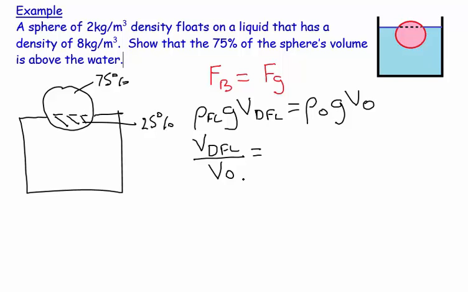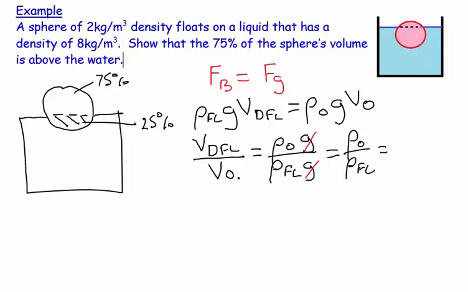So if I simply rearrange that equation, I get the density of the object times g over the density of the fluid times g. The g's cancel, of course, because they're on top and bottom. So this is simply the density of the object over the density of the fluid.